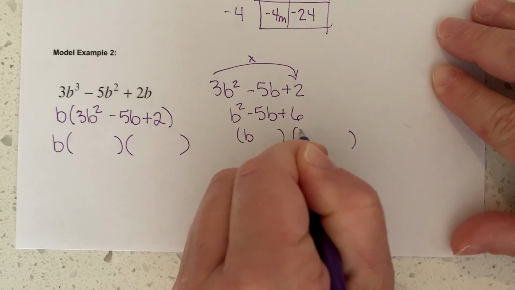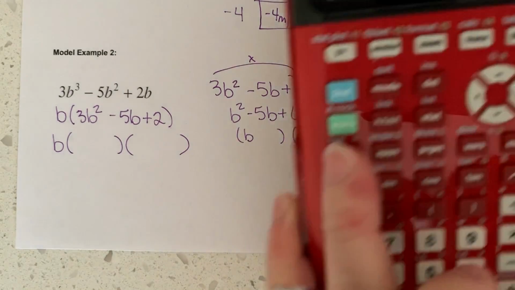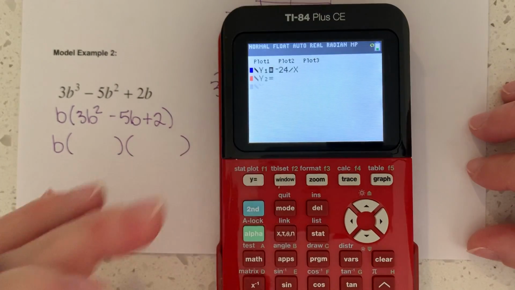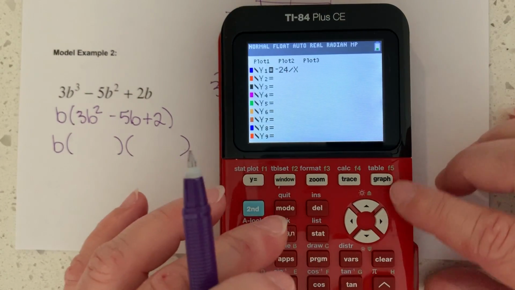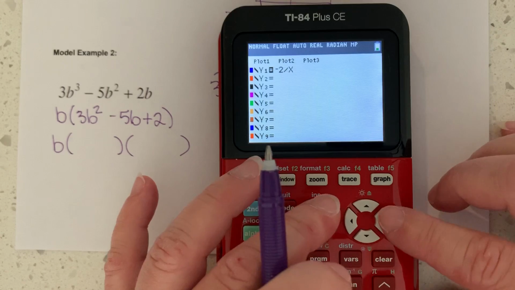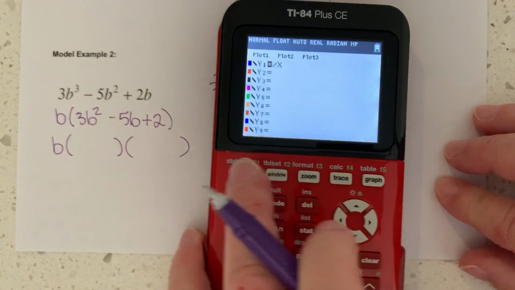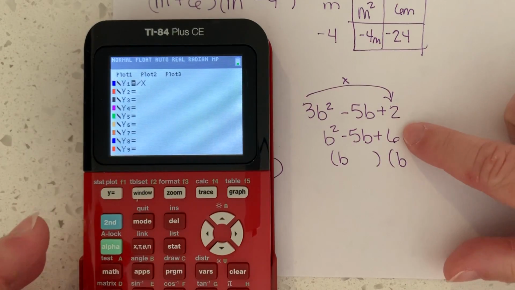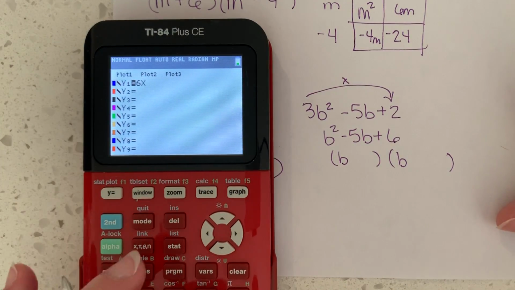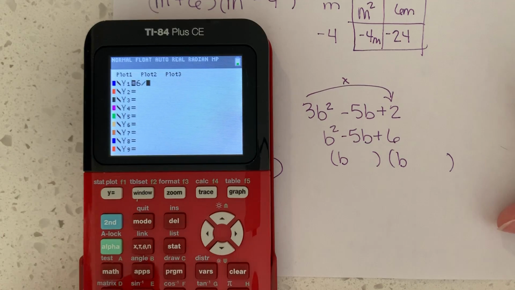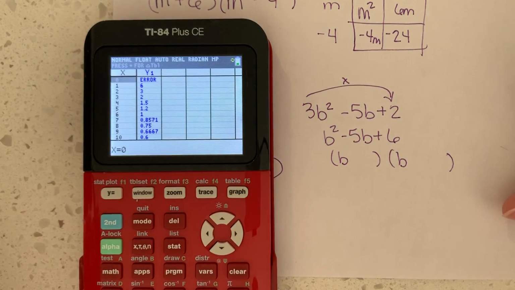So we have b, and we're going to go to y equals, and we're going to type in this number, so 6, and 6 divided by x, go to the table.